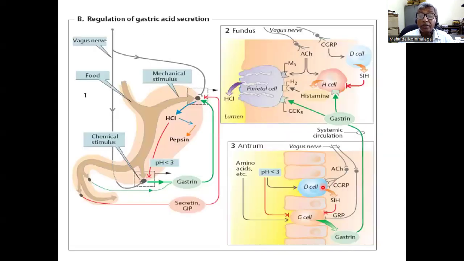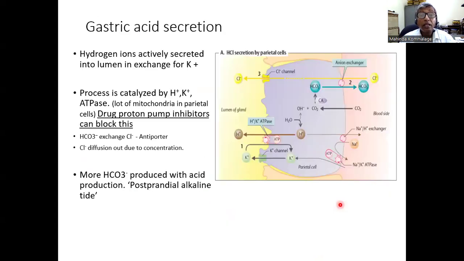In the same diagram, you can see gastrin secretion from the G cells, and there are some other stimulatory and inhibitory factors on G cells. Especially there are some other cells, D cells, which secrete somatostatin, which acts as an inhibitor.